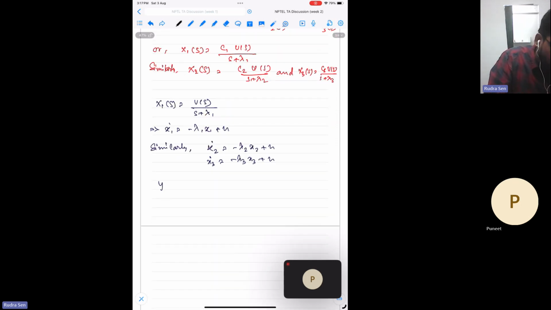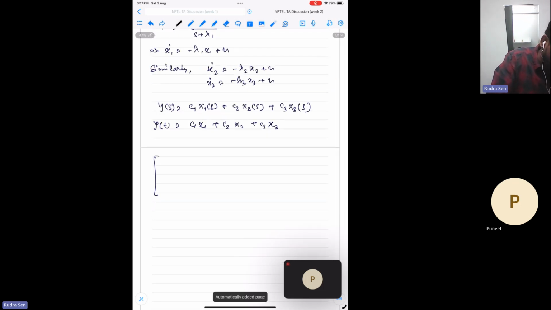And Y(s) is equal to C1 X1(s) plus C2 X2(s) plus C3 X3(s). Then with inverse Laplace, we get y(t) is equal to C1 x1 plus C2 x2 plus C3 x3.